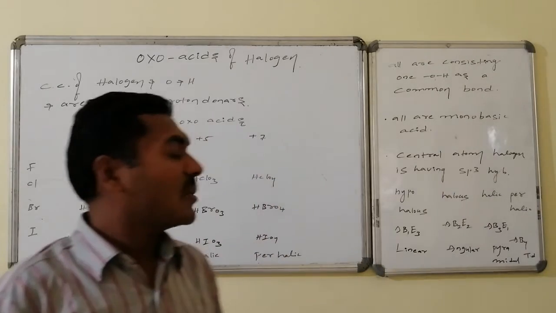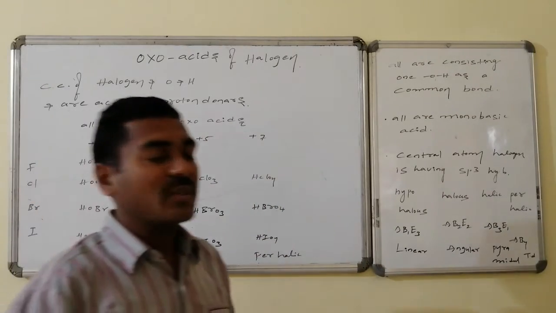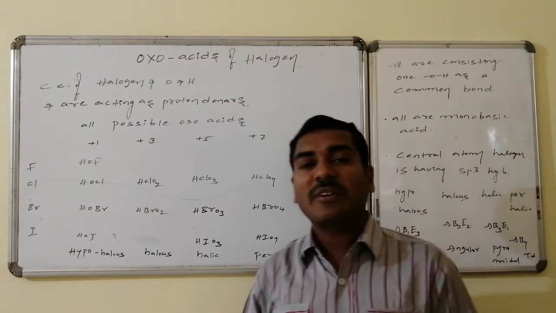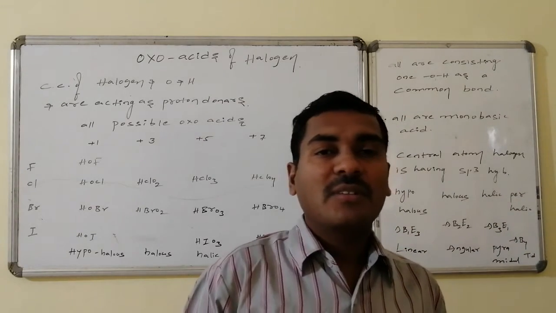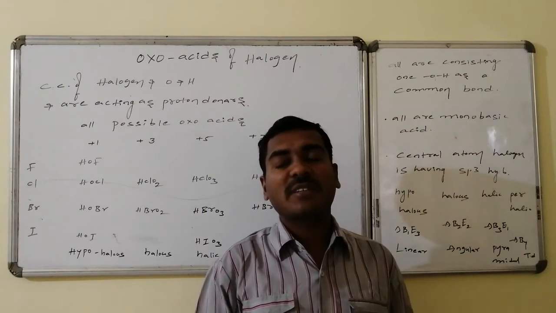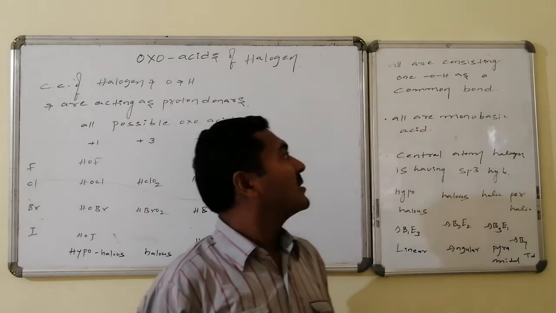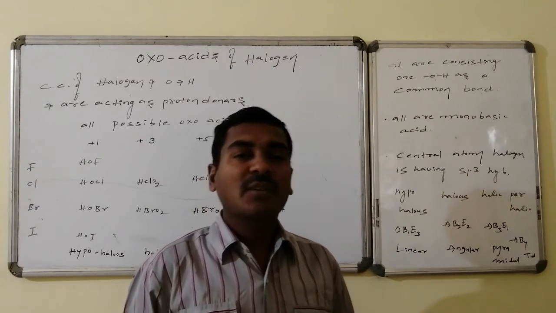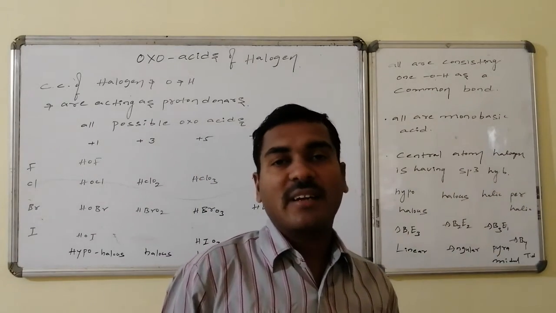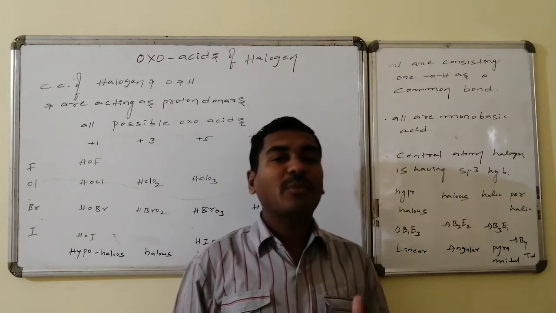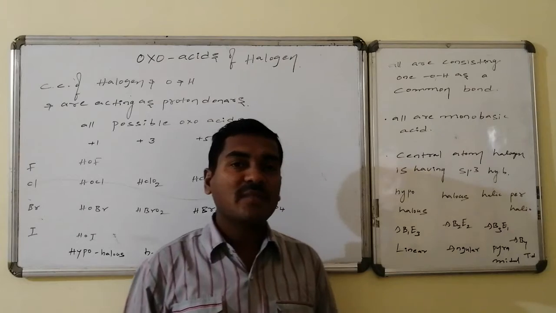If we observe the common features of the oxo acids, these consist of at least one OH bond. All varieties of the oxo acids have a common connectivity, that is, the halogen atom is connected with one OH, and moreover all of these act as monobasic acids, whether hypohalous, halous, halic or perhalic. Every variety of acid is capable of donating how many protons? 1 proton.